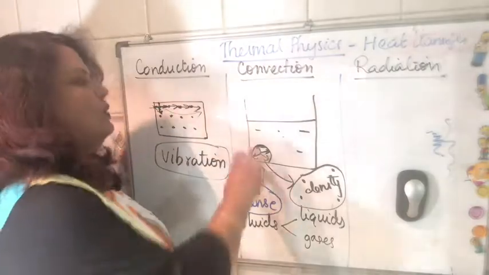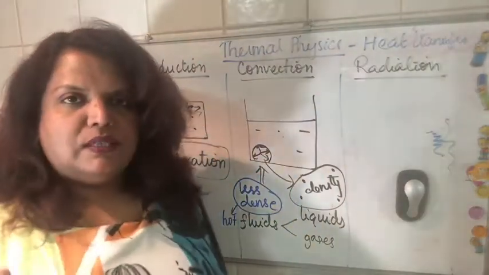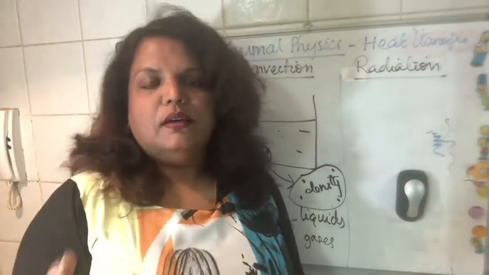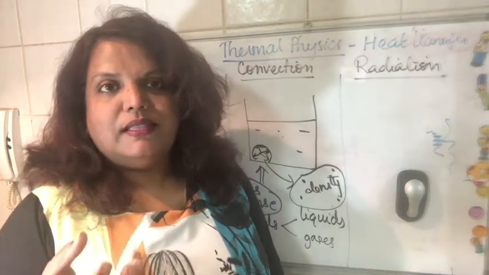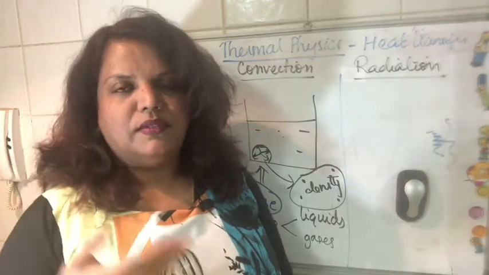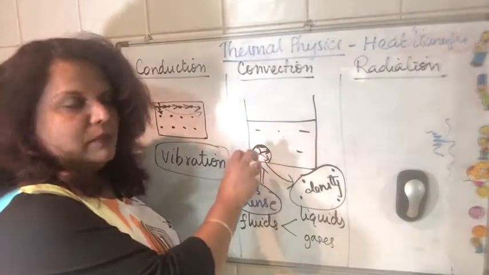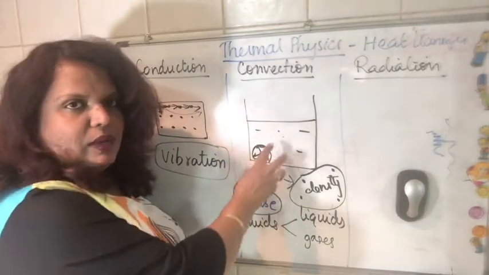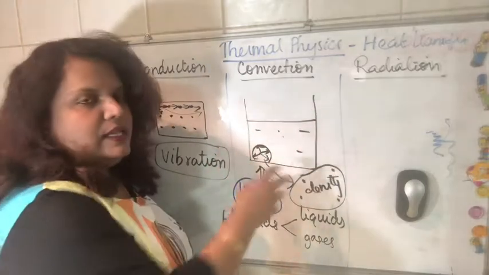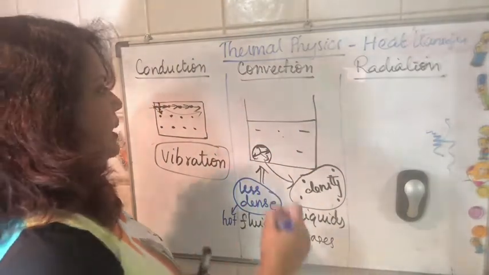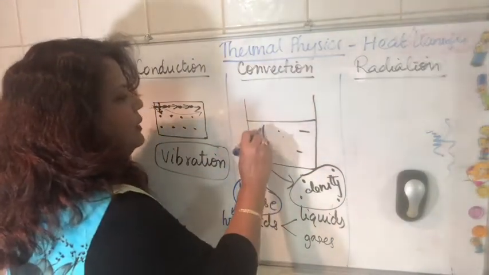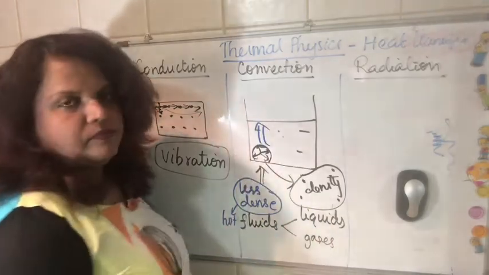right? So if you compare in a liquid, what's the principle of flotation? The object that is lighter will come to the surface and float, a heavier object will sink. But here it is not one object; comparatively, the density in one area is less than the density in the other part of the liquid. So what happens is this liquid will rise, correct?